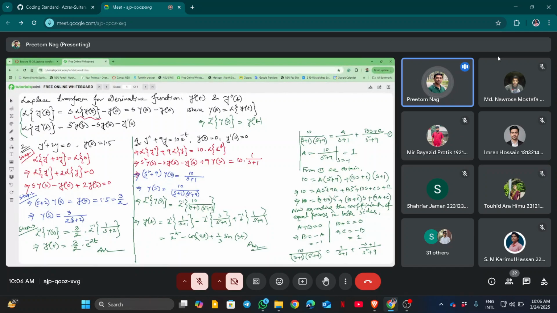Say again. Student: In the second line of the fourth math, the s y(0) minus y first derivative(0) part. So here s y(0) minus y prime(0): both conditions, the y(0) value is 0 and y prime(0) is 0. Are you talking about this?